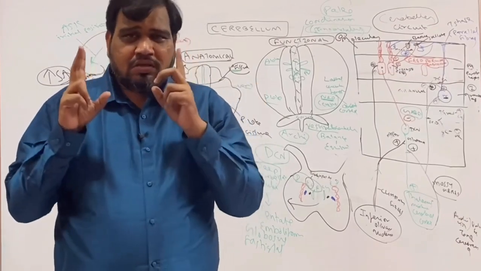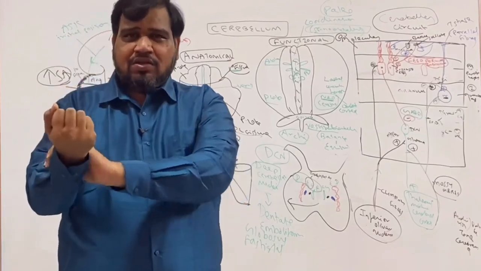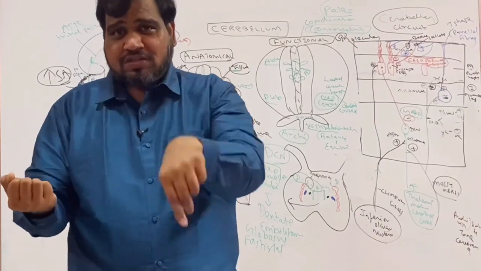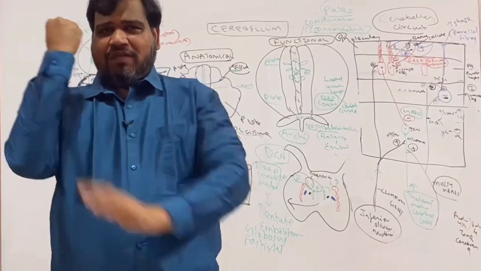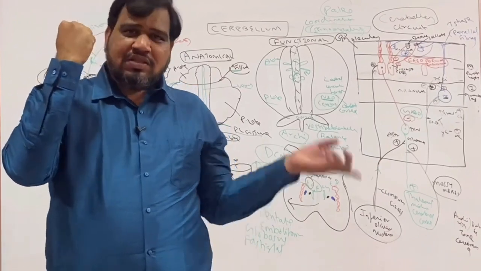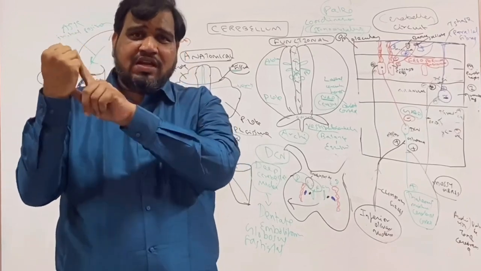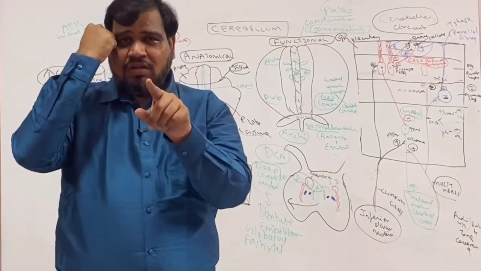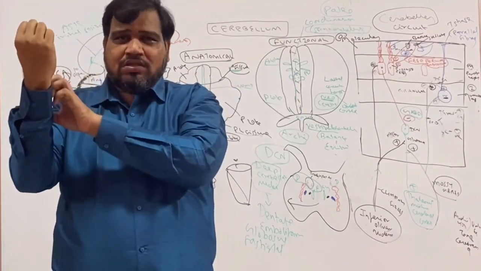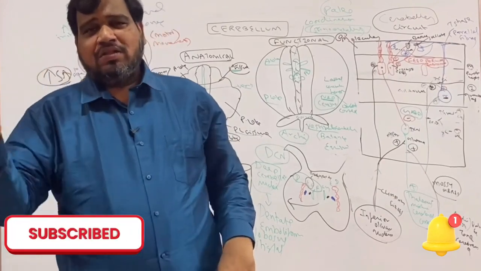So cerebrocerebellum knows the initial position of your hand so that the cerebral cortex will plan accordingly. It also predicts the future. For example, when I withdraw, my hand is not hitting, because my cerebellum has calculated my future, that this hand is going to hit my face. So it will tell cerebral cortex, please don't contract too much so that this will not hit the finger. Cerebral cortex also will tell, okay, thank you cerebellum.